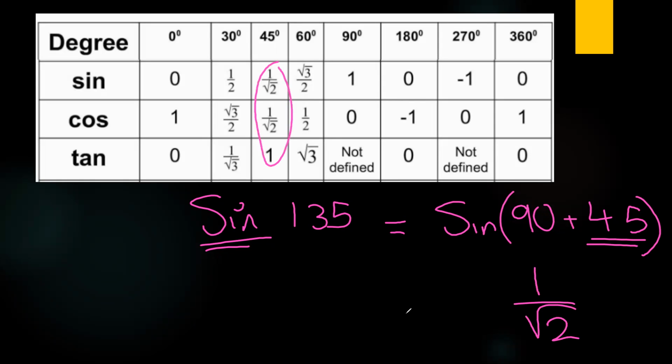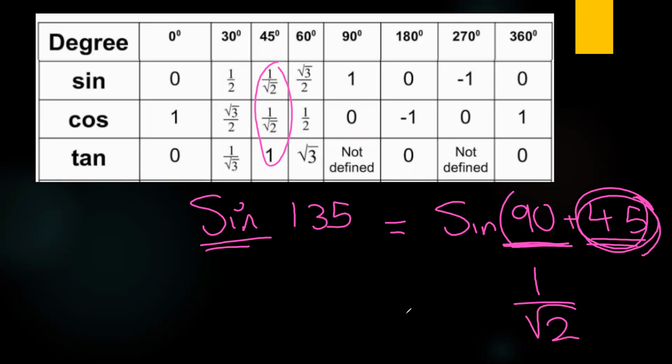So for the first step, if I'm asking you to find sine of 135, you have to say that it's rotated 45 degrees after 90. So for sure, its sine will be 1 over square root of 2. But it could be positive 1 over square root of 2, or negative 1 over square root of 2.